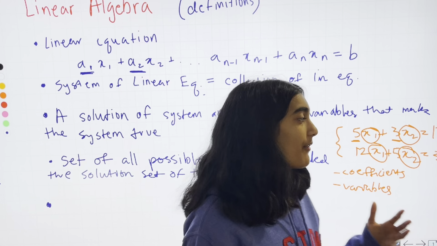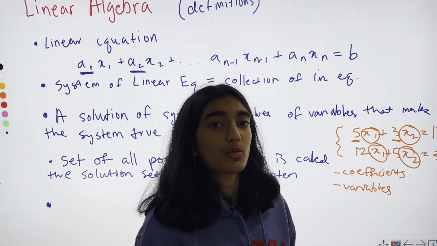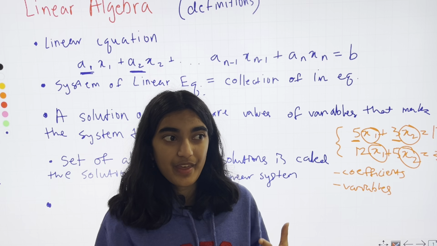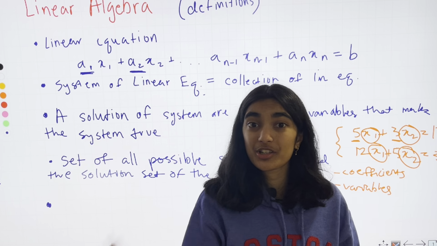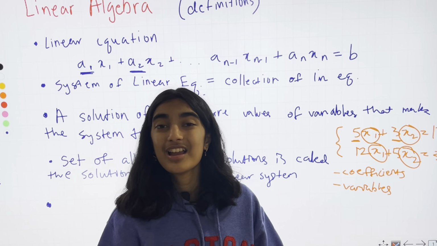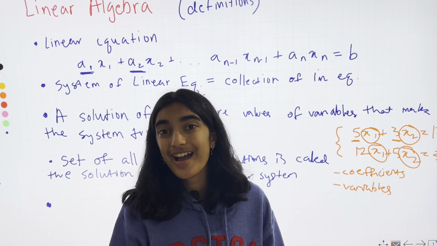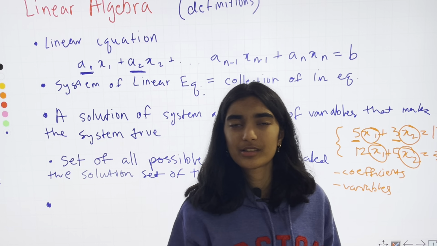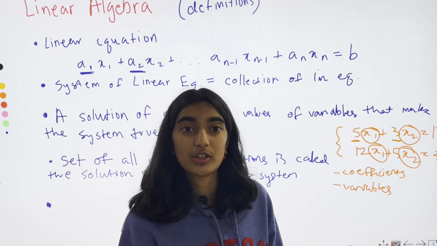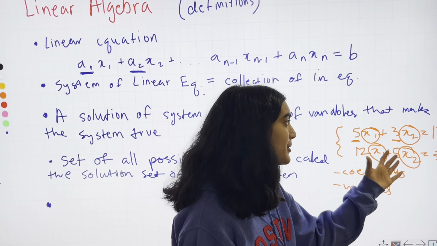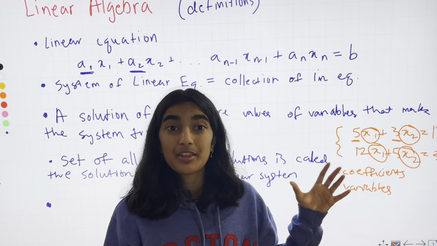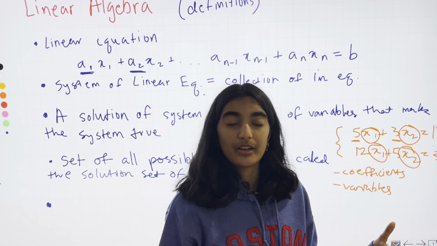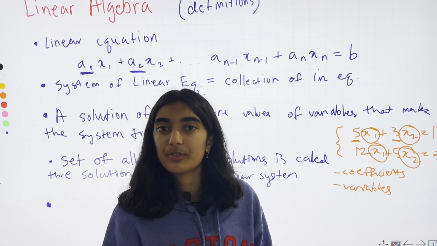So if you solve this system and you get x1 equals 1 and x2 equals 3, and you have another system, another collection of equations, and the solution to that system is also x1 equals 1 and x2 equals 3, if they have the same values that you substitute in for x1 and x2 that make the system true, then they're considered equivalent.